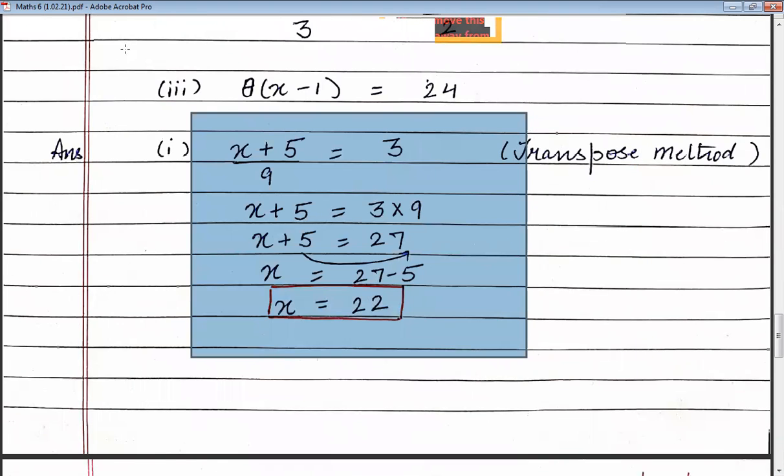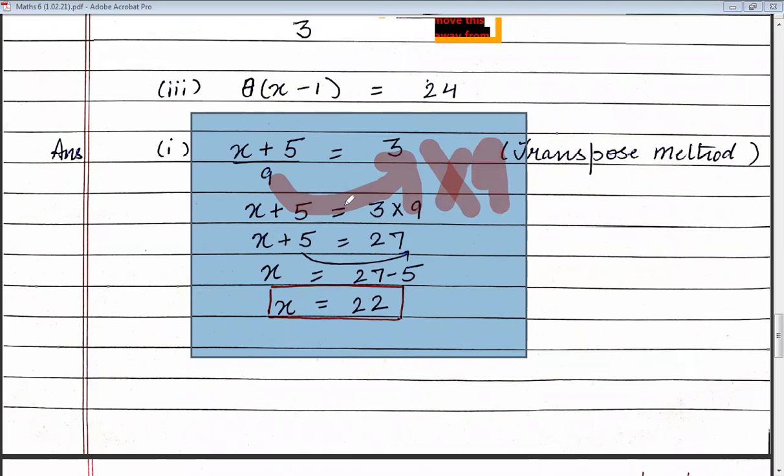Now your first one is x plus 5 divided by 9 is equal to 3. Now children, here you have to use the transpose method. Okay, so now first 3 will go that side. As it is divided here, on that side it will go and become multiply.